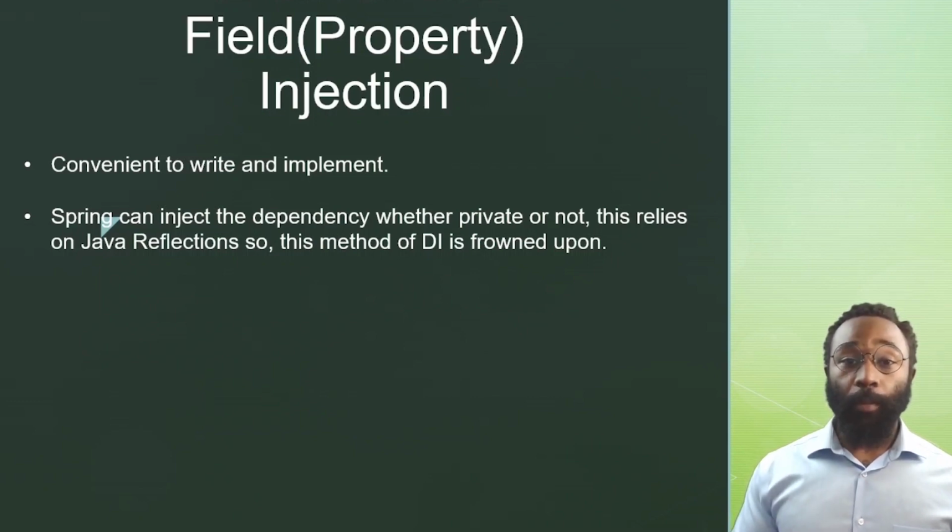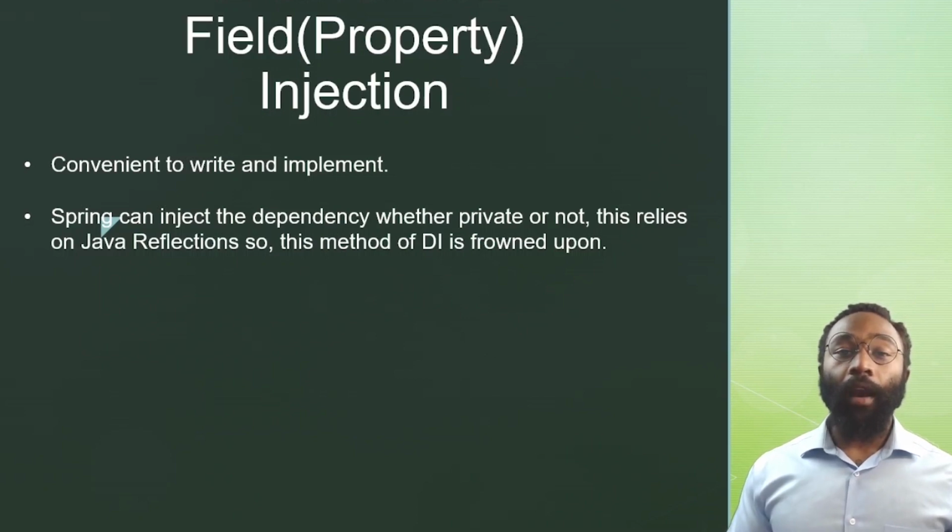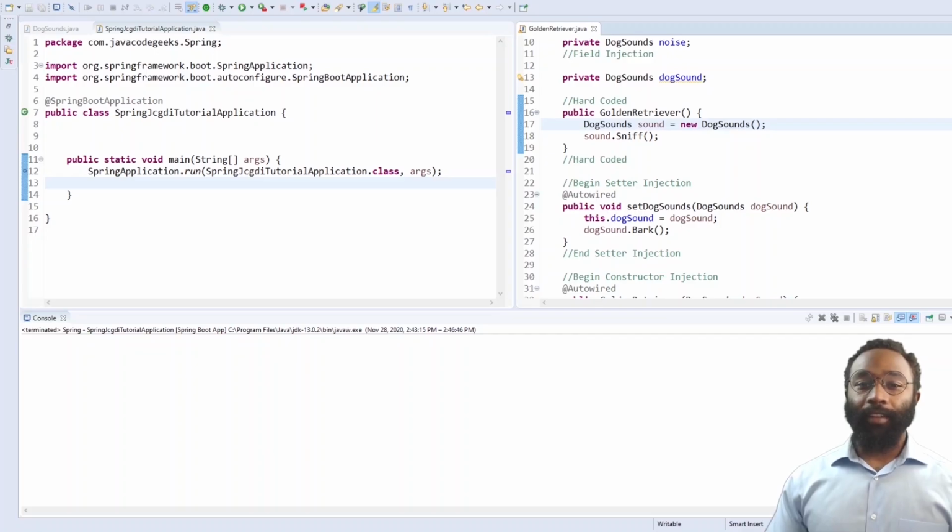As you're going to see here in a moment, we're going to see this field injection, how clean cut and concise it is. But the Spring documentation does say there are some disadvantages that you want to take into account in the way that it's going to affect your program later on through the Java reflection that it's going to utilize. All right, guys, with that being said, we're going to see this in a couple of actual code examples. And with that, we'll just go ahead and get started there.